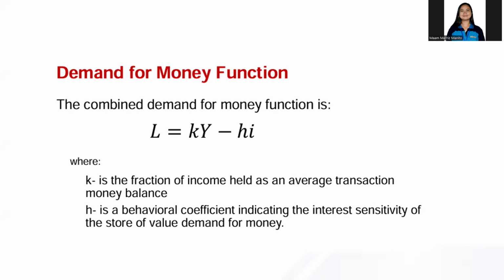K is the fraction of income held as an average transaction money balance, and then minus, because negative lagi si money kay interest rate, H is a behavioral coefficient indicating the interest sensitivity of the store value of demand for money. And then I is the interest. So, L is equals to KY minus HI. That's the demand for money function. Take note of this.